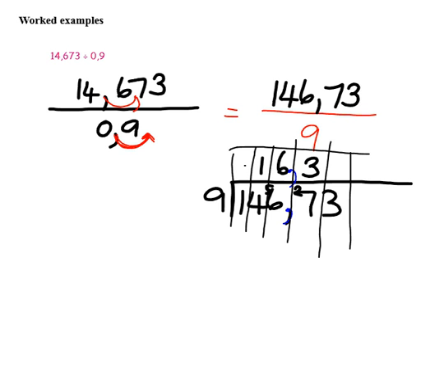No. 9 into 3, can't go. So now I have that 3, I add a 0. 9 into 30. 3 nines are 27, remainder 3, add a 0. What is happening? Right, your 3 is going to be recurring.